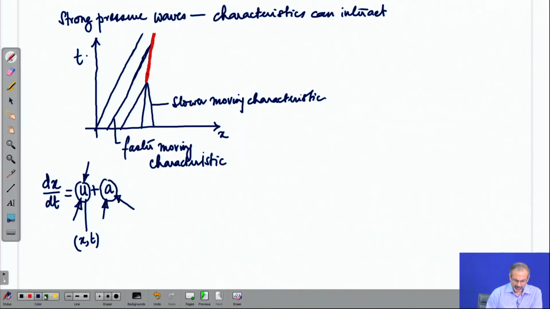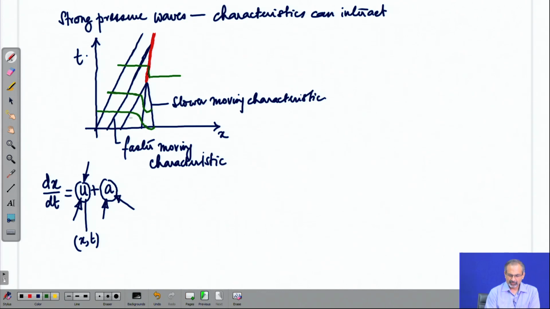Now, if you were to look at the nature of the velocity, then you may have a variation like this. And you will find that the variation becomes sharper as you move in time, and once the shock forms, then there is a really sharp change.